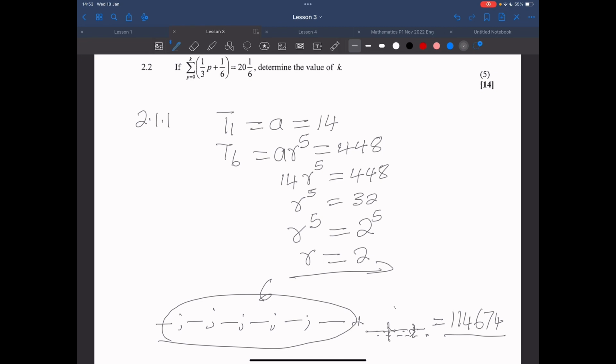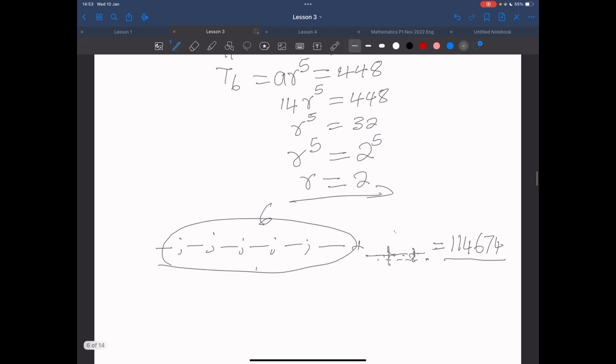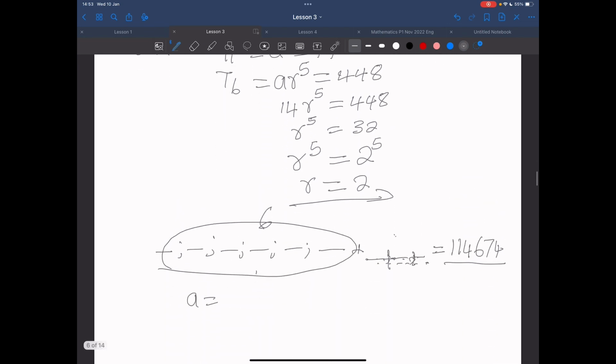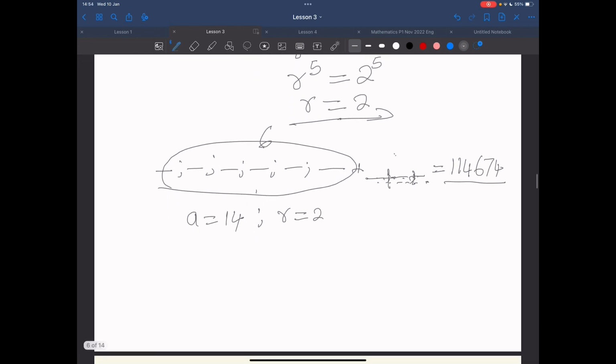We can first get the sum of the first 6. Let's do that. Let's get sum 6. We know that the first term A is 14, and the common ratio, we can see it there, is 2. So if we calculate sum 6, we know that sum n is A into R to the power n minus 1 over R minus 1.